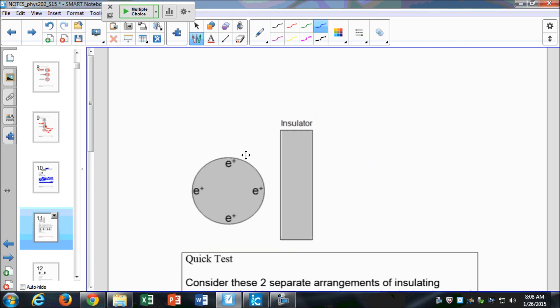So for example, if I have this positive charged object next to an insulator, I can get a situation where molecules within the insulator become polarized so that the negative side is attracted to the positive object. So here our charges aren't actually moving around, it's just the structure of the atoms shifting.